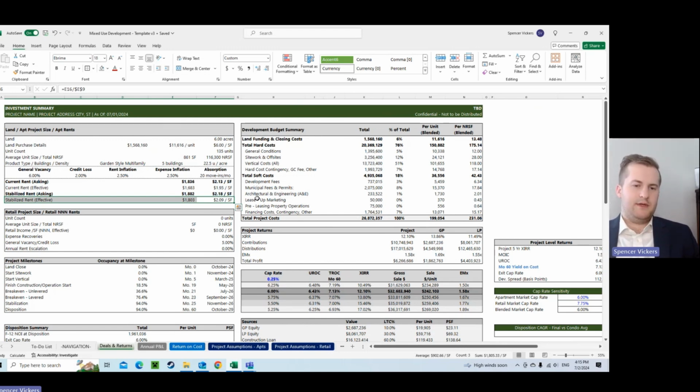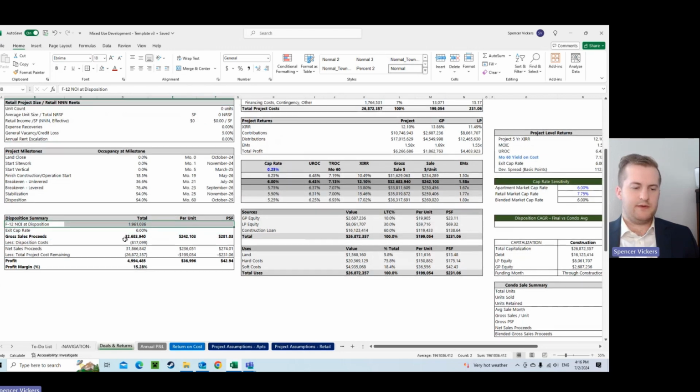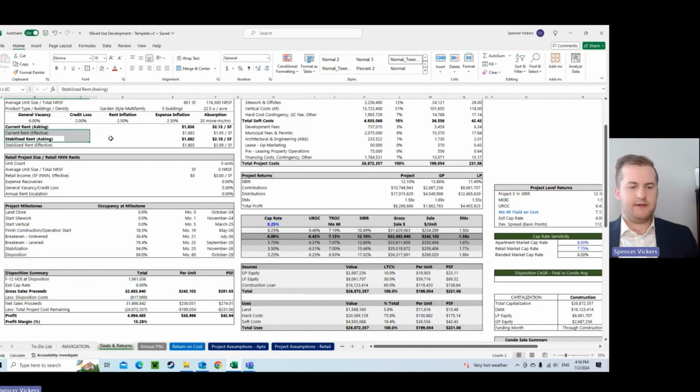And two, once we actually get into that period, if we don't have to offer concessions, then that's just upside. This effective stabilized rent is what actually impacts the valuation. It flows directly down to NOI, right? So if you don't have stabilized concessions in here, then it's going to pull your top line asking number, which is fine.